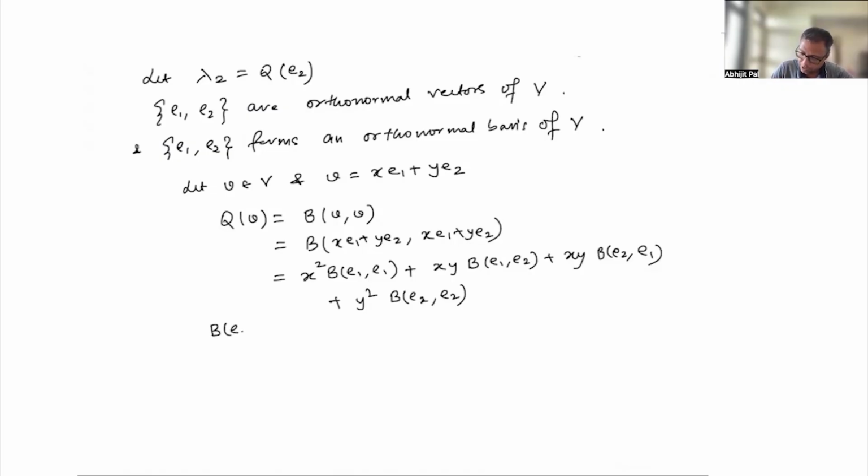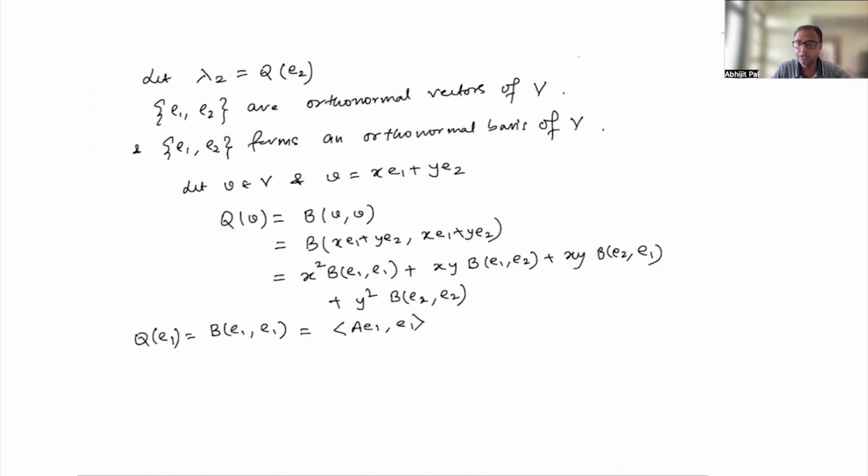So b e1 comma e1 is equal to the inner product of a e1 comma e1.